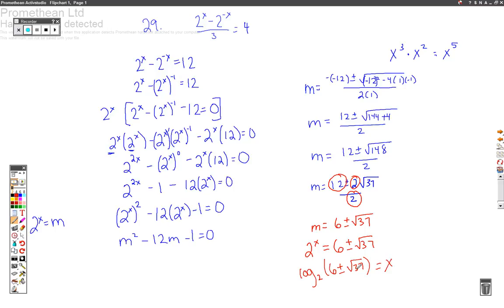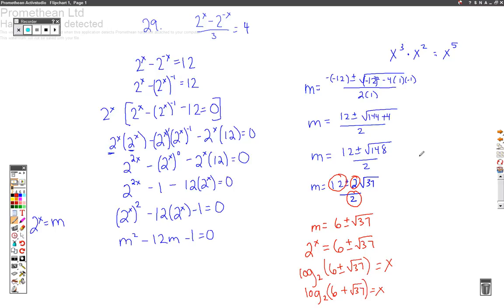Now I remember that the number in the middle can never be negative. The square root of 37 is more than 6, so I can't use the minus part. So then log base 2 of 6 plus the square root of 37 is equal to x.